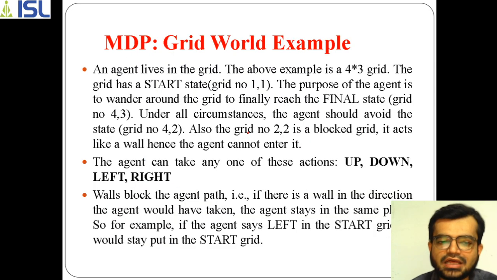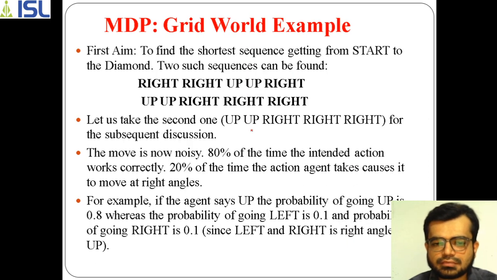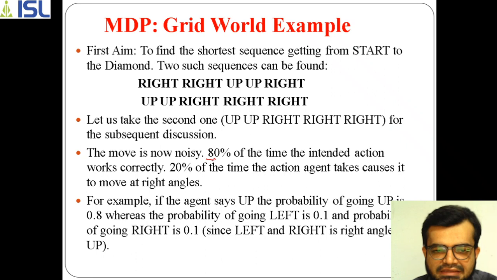Whenever an agent moves from one state to another state, 80% of the time the intended action works correctly. But there is a chance that 20% of the time the action the agent takes causes it to move at right angles.